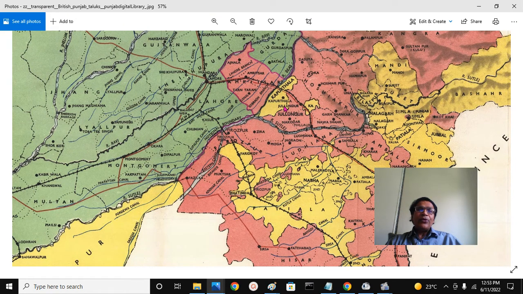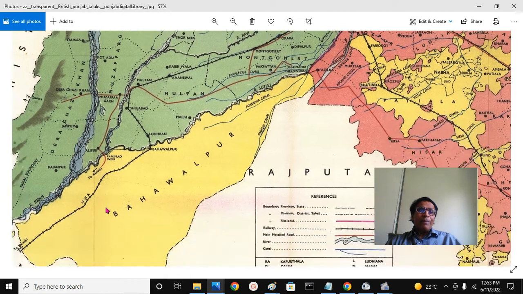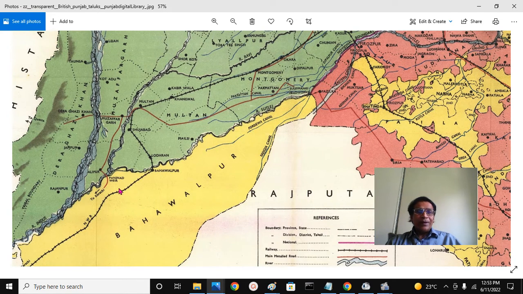In the trans, we have Amritsar district, we have Lahore district, and you have Montgomery district, and you have Multan district. The princely state of Bahawalpur, that is Bahawalnagar, Bahawalpur, Rahimyar Khan, Uch Sharif here, the joining point town. Across Uch Sharif you will see Alipur. Then this is the majestic Sindhu river, Mother Sindhu, and Mithankot, and you will get the Sindh province of British India.